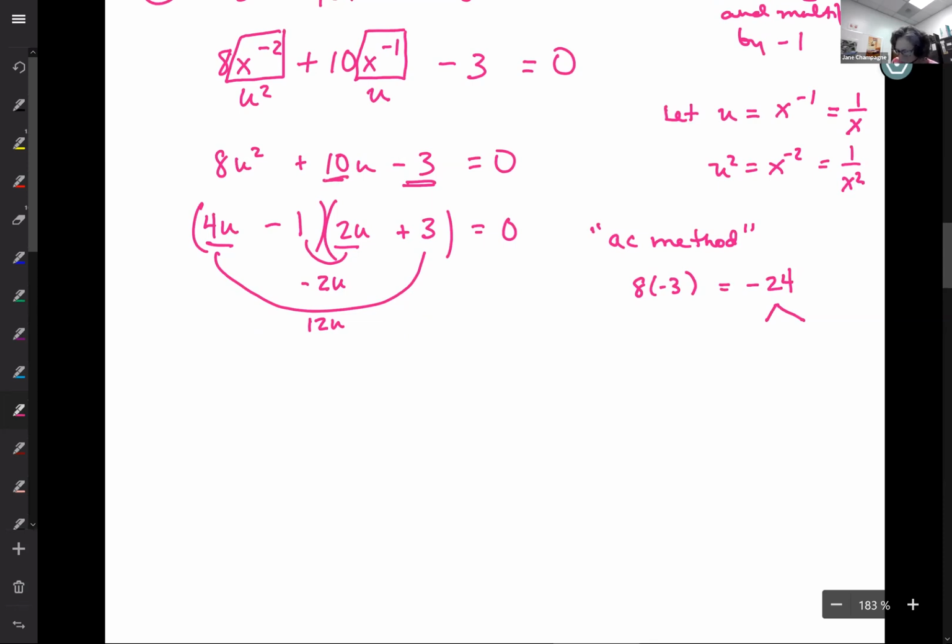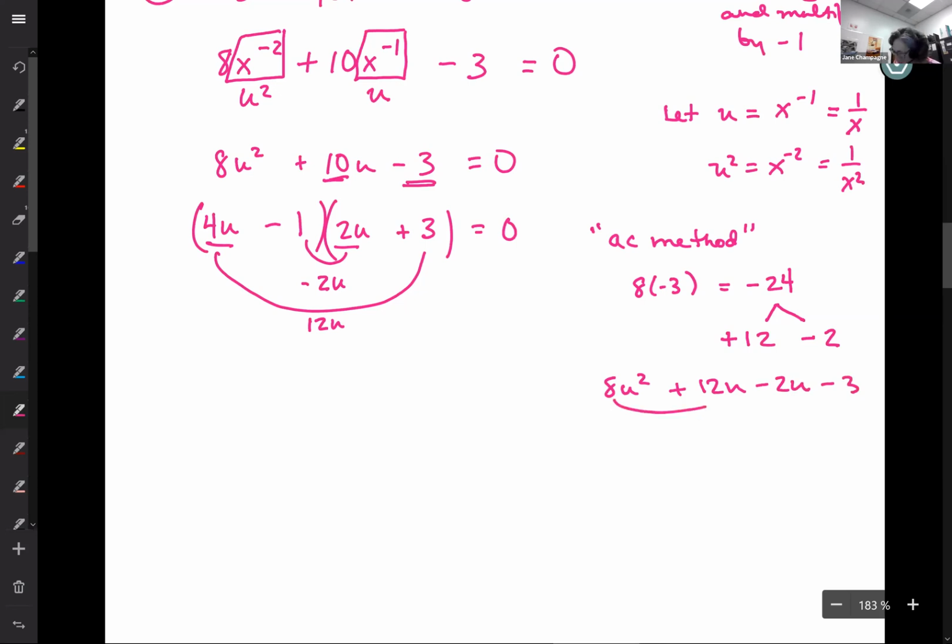So again, you have to use the fact that it's negative to have a plus and a minus. So plus 12 and minus 2 are the numbers that combine to give you a positive 10. So then what you do with those is you split up the middle term. You write it as 12u minus 2u. That's why those two numbers have to add up to give you that middle term.